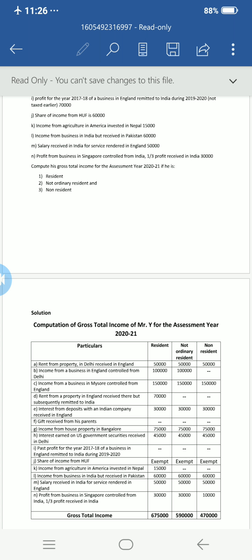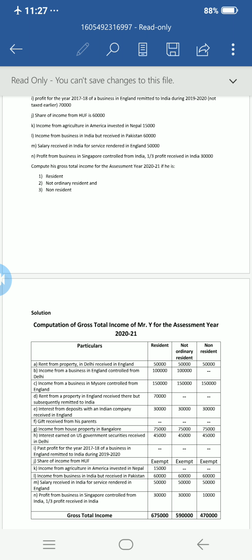So whatever the amount of 30,000, the 1/3 received in India is taxable for all because it is an Indian income. So that's why taxable for each: resident, not ordinary resident and non-resident.